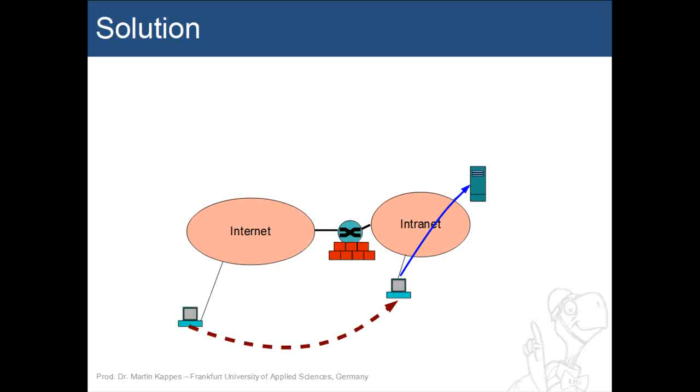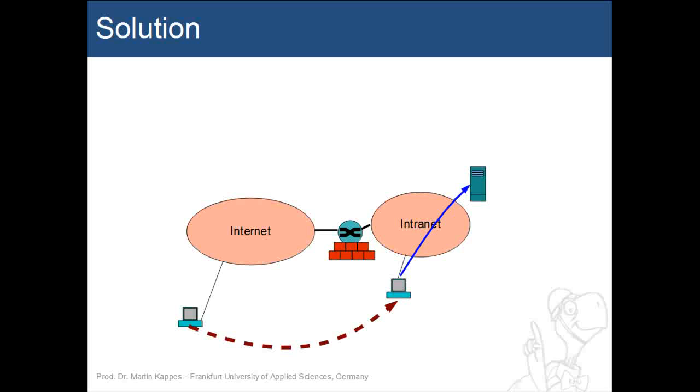So again, a VPN is a virtual, seemingly direct point-to-point connection which is secure between two stations, but it's actually realized by the use of an unsecure, potentially even unsafe network, such as e.g. the internet.